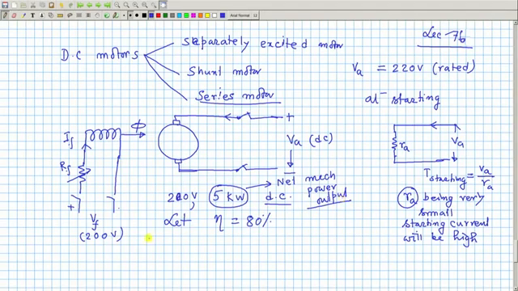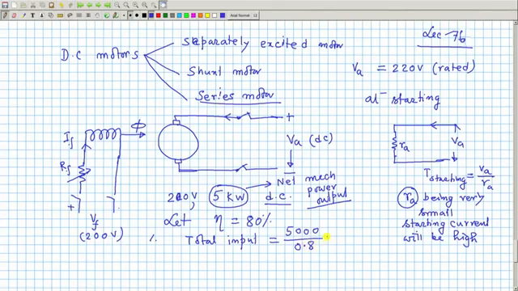So, when the machine is operating at full load, the total input must be 5000 divided by 0.8.